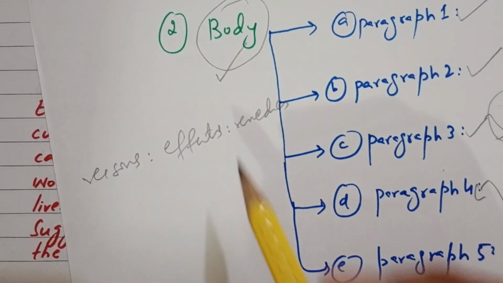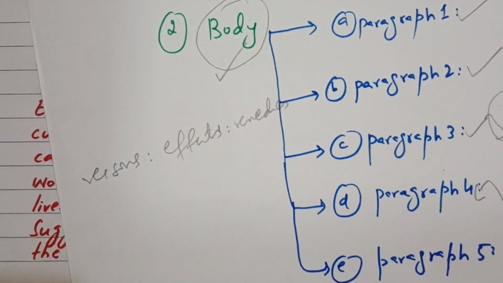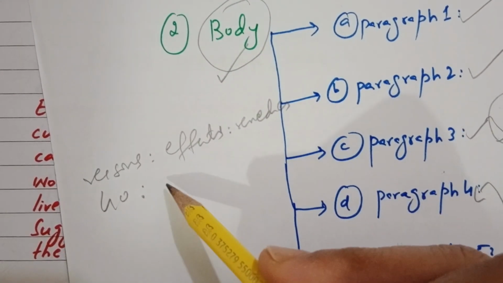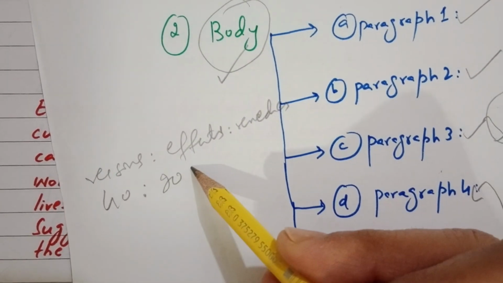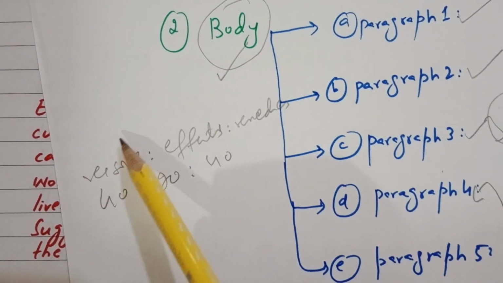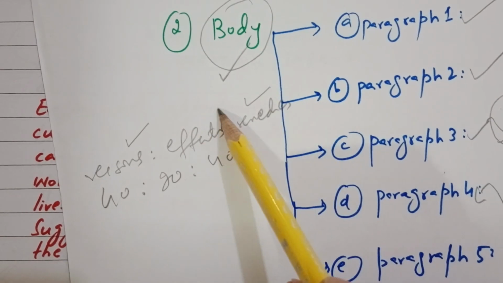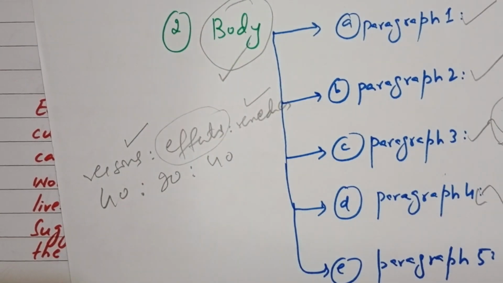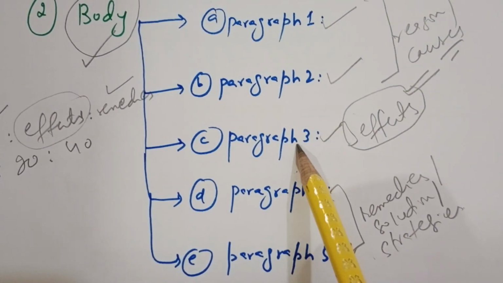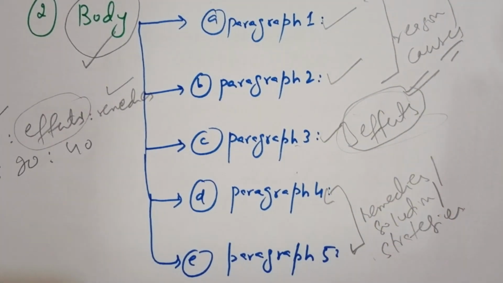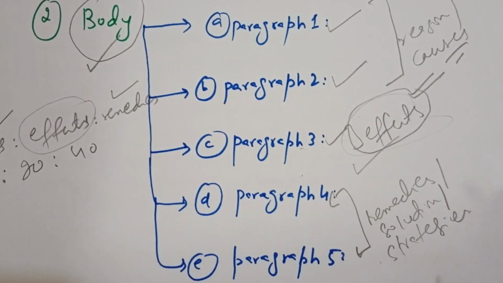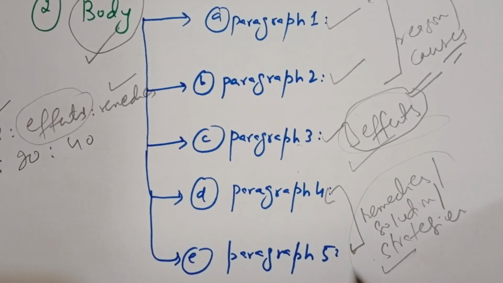In this type of essay, 40% will be reasons, 20% will be effects, and 40% will be remedies. So reasons and remedies without mentioning effects are incomplete, so we have dedicated a separate paragraph for the effects.